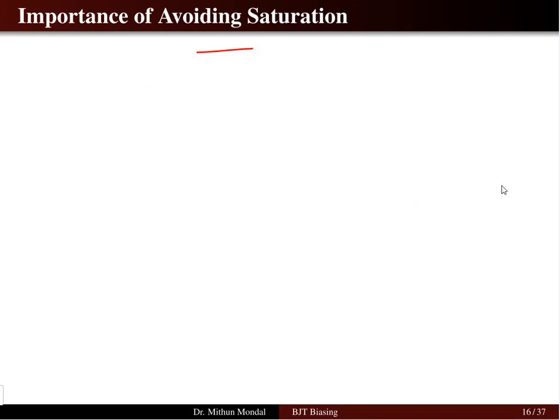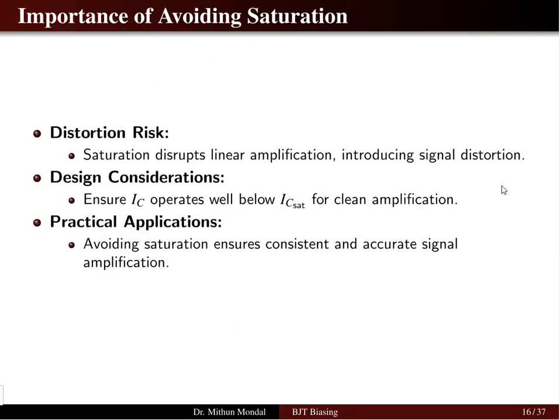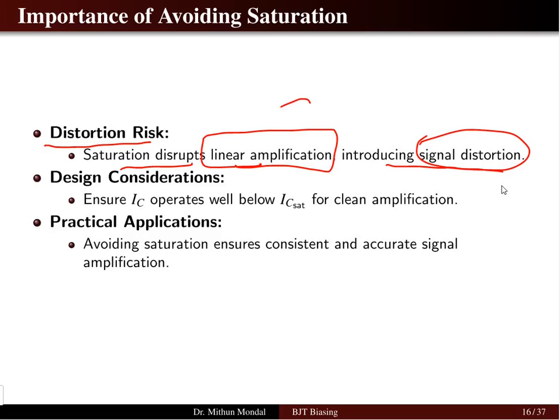So what is the importance of avoiding saturation? We should avoid saturation because of the distortion risk. Saturation disrupts the linear amplification process by introducing signal distortion. So there will be signal distortion and you will not have linear amplification. So it is better to avoid saturation distortion risk.